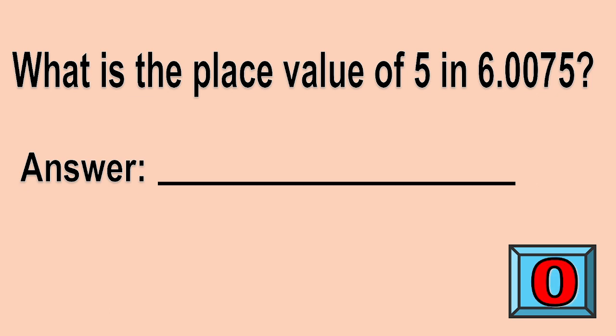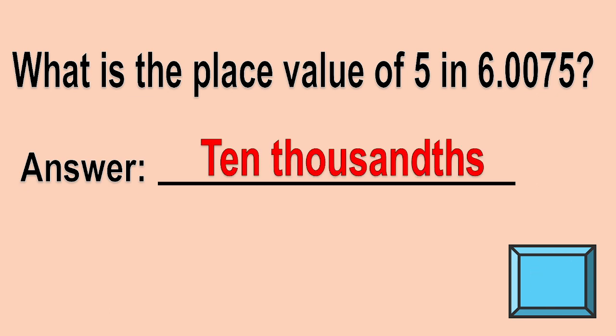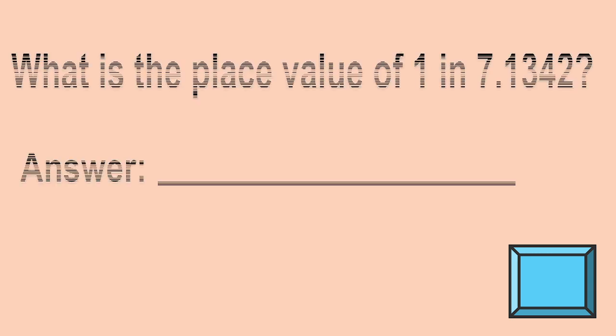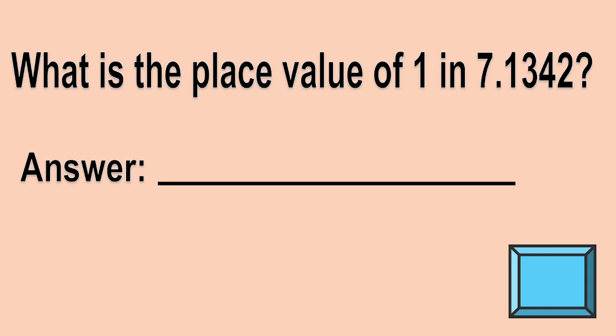Time's up. The answer is 10,000ths. Next, what is the place value of 1 in 7 and 1,342 10,000ths? Time's up. The answer is tenths.